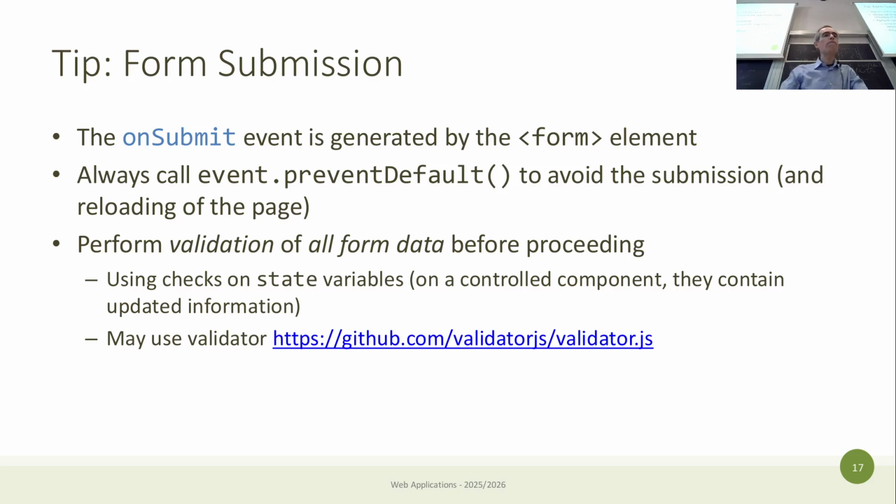But you type a zip code. In Italy, zip codes are only digits, right? You cannot type alphabetic characters. And so these checks can be done while the user types. But other checks can only be done afterwards.